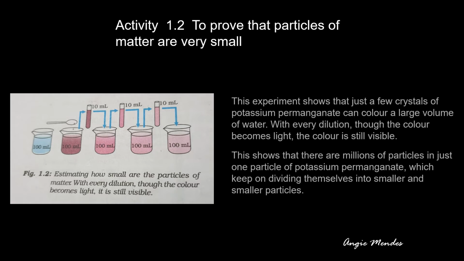Now with every dilution, though the color becomes light, the color is still visible. This shows that there are millions of particles in just one particle of potassium permanganate. These particles keep on dividing themselves into smaller and smaller particles. So this proves that the particles of matter are very small.